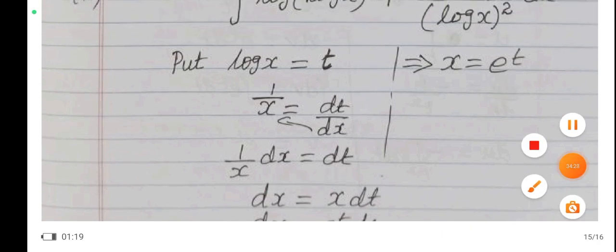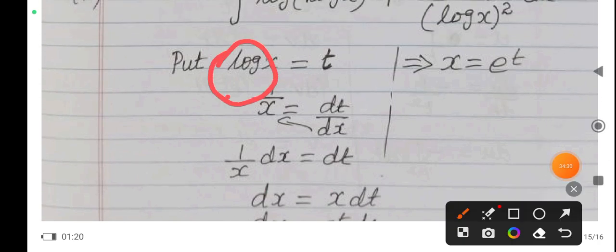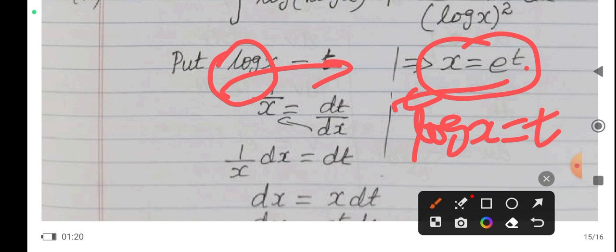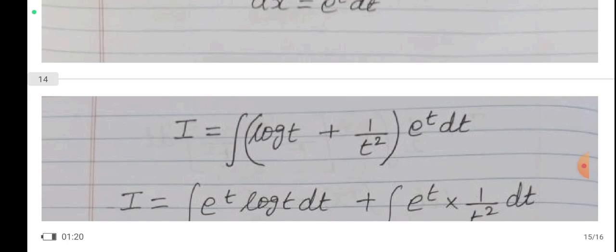The log term goes to that side and it becomes exponential. In the same way, e power t equals x, the e we can keep here, and it will become log x equals t. Clear, check. So instead of x we applied e power t.